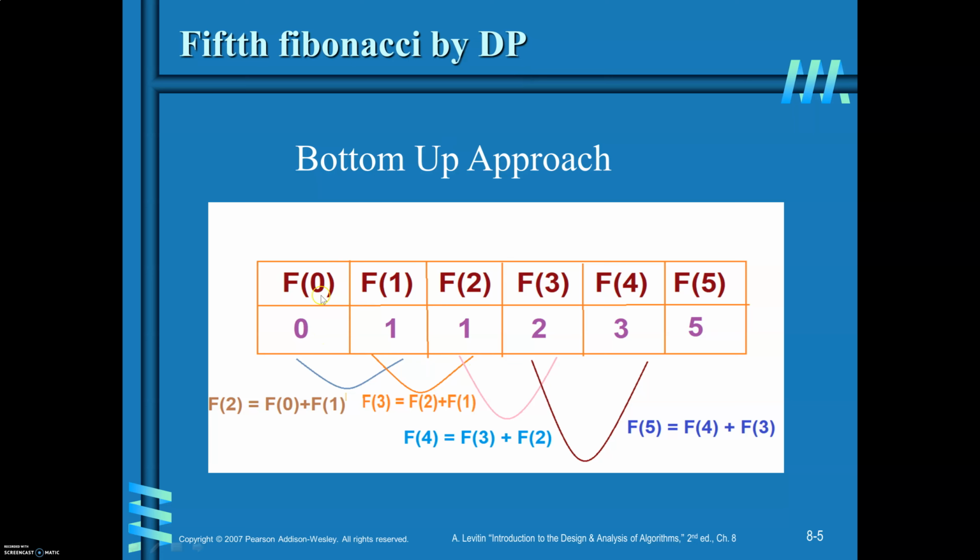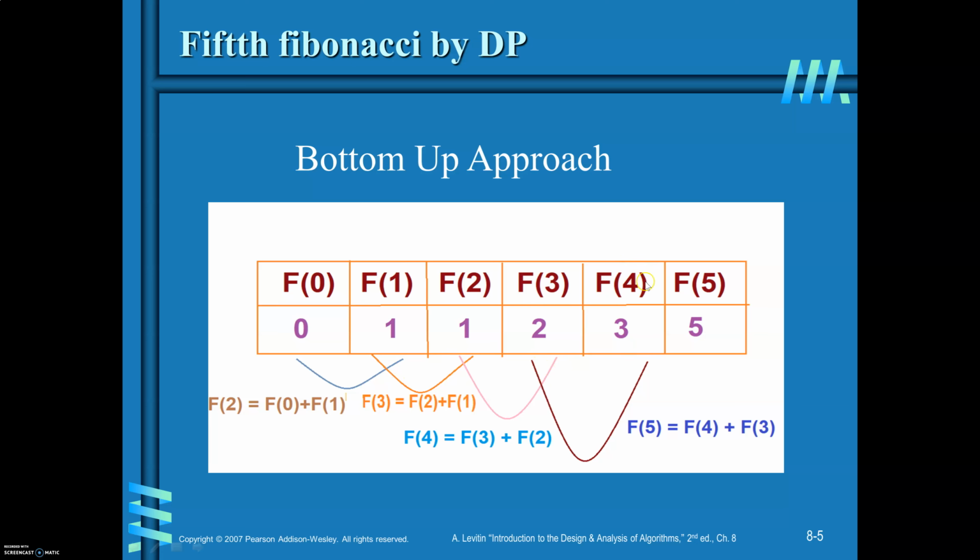So first record values F0 and F1. Then how do you find F2? F2 can be found by F1 plus F0. So 1 plus 0 is 1. Then F3 can be calculated by F2 plus F1, that is 1 plus 1, 2.